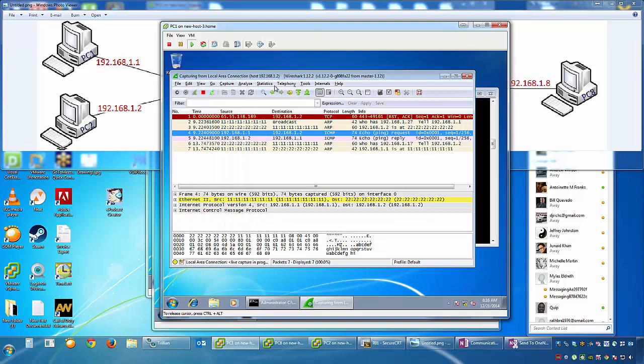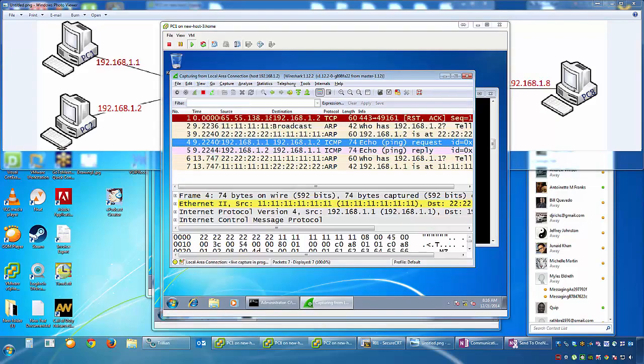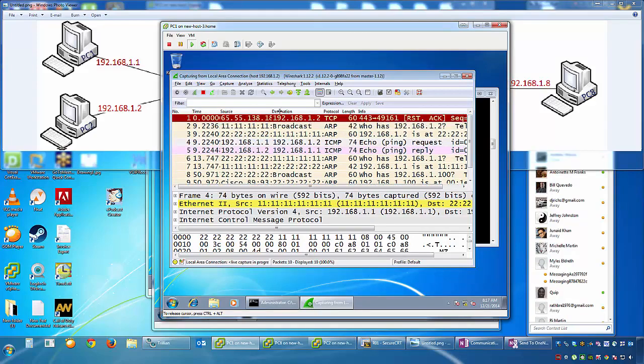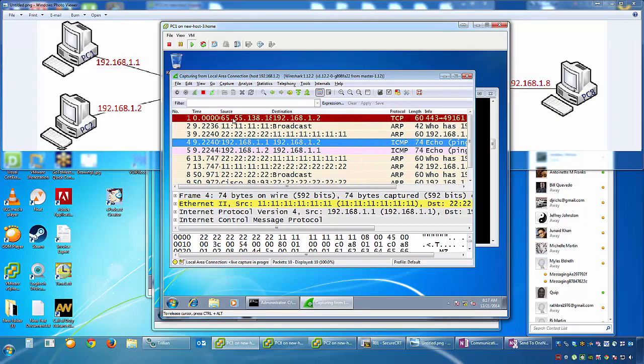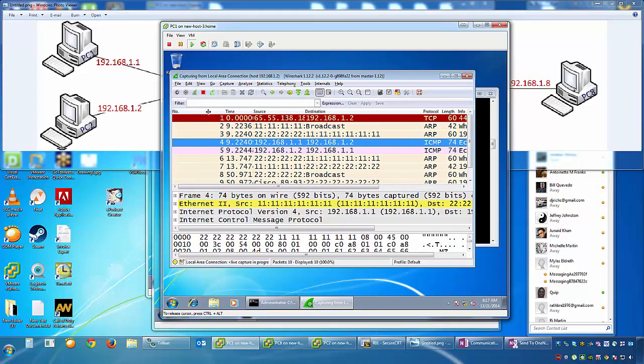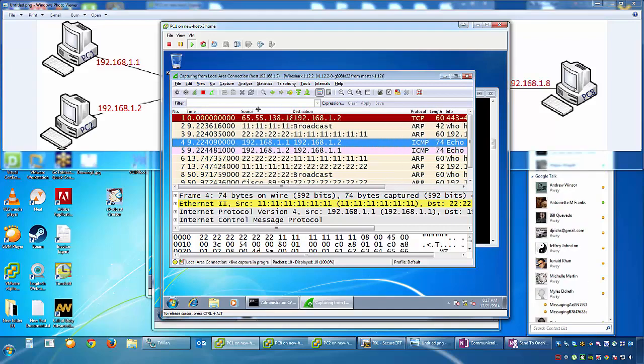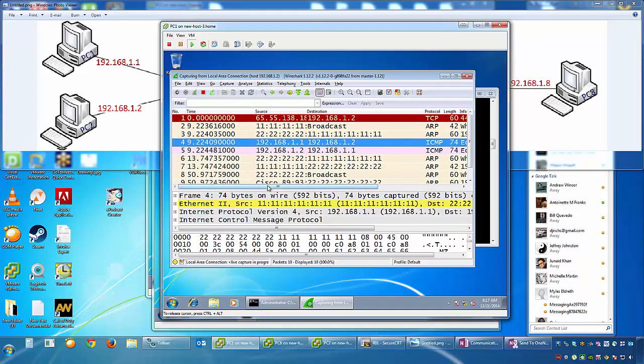Now here's the information. Let's see if we can make this a little bit bigger here, so you guys can see it. It makes it a little bit less manageable, so to speak. So let's stretch this out a little bit. You can see they're kind of bleeding in together.